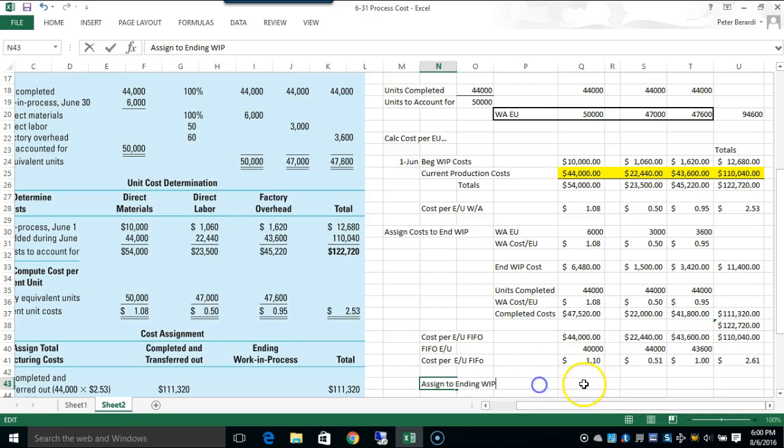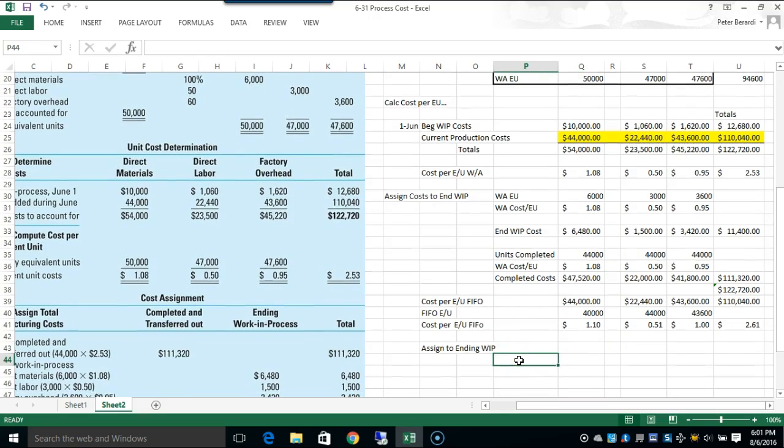So take the equivalent units for ending WIP. Keep in mind these are direct materials, direct labor, and factory overhead. So we're keeping it all under a nice schedule. So ending WIP assignment is under FIFO.